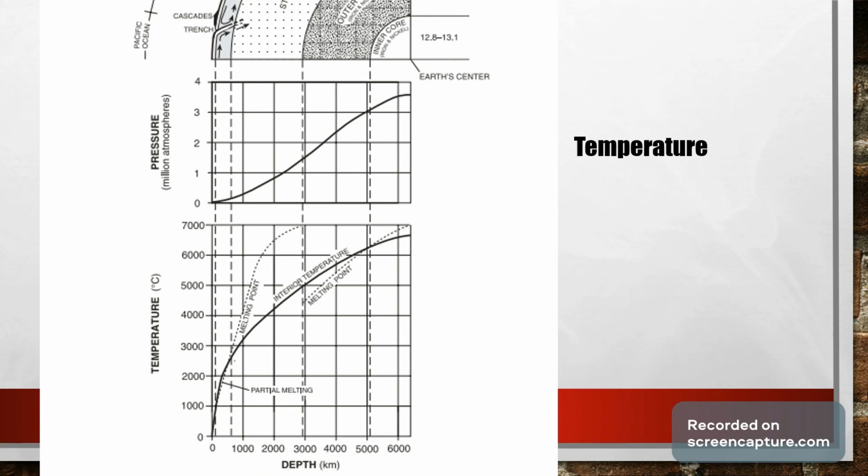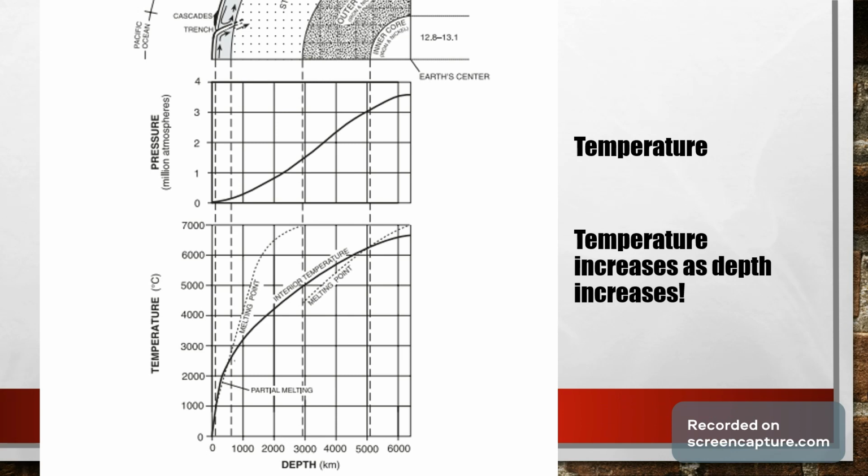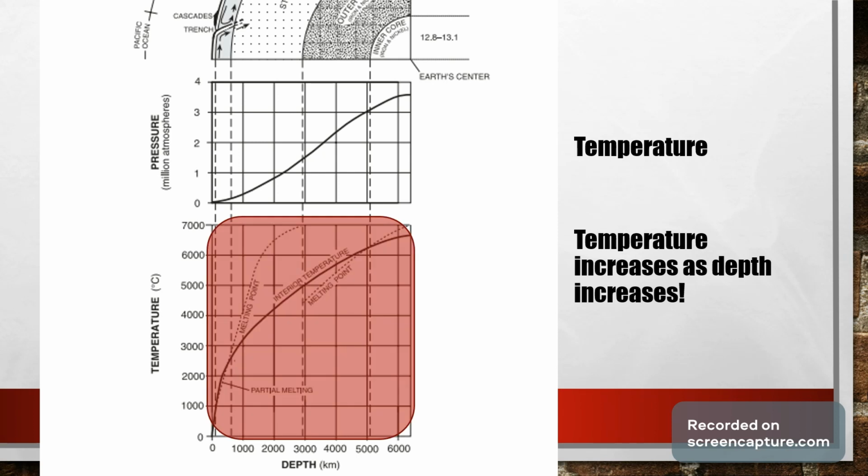We also have a temperature chart on here. It is showing us that temperature increases as our depth increases, just like pressure. When we're looking at this temperature chart, there's going to be a solid line that is the interior temperature, the temperature at a certain depth. There's also the dotted black line, which is the melting point.